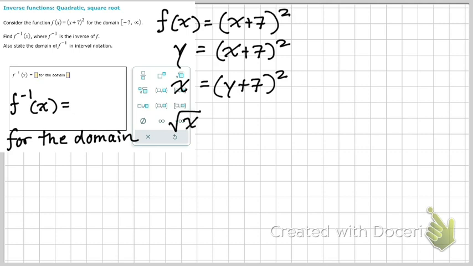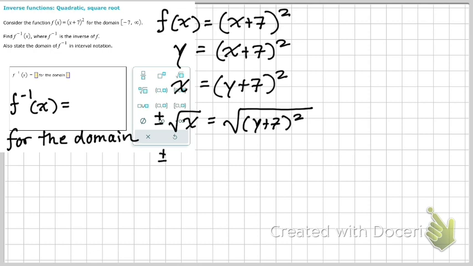This brings up a little bit of algebraic review here and work with radicals. So when I take the square root of both sides, do you recall what to do? If I'm solving and I take the square root of both sides, I'm going to go plus or minus over here.